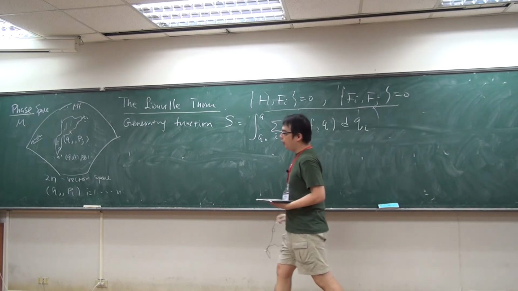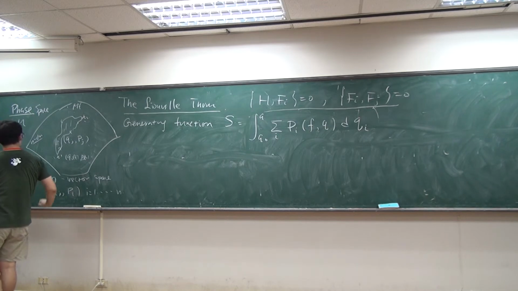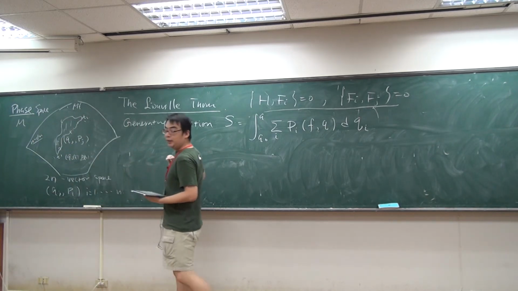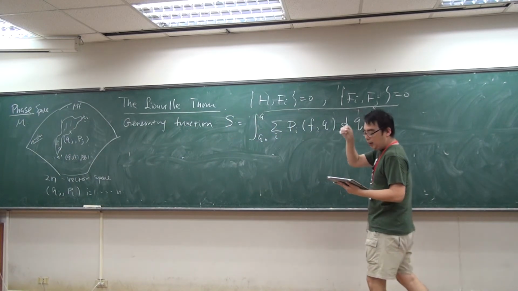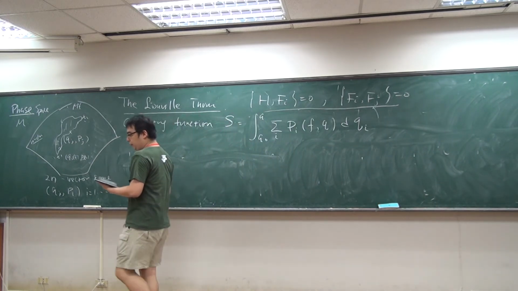So, very good. Suppose this generating function for the canonical transformation actually exists. What's the consequence?